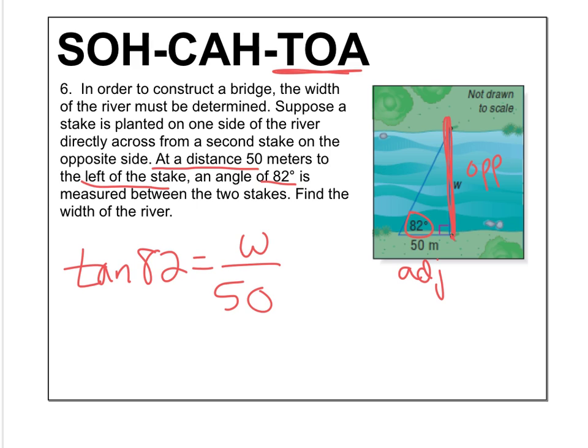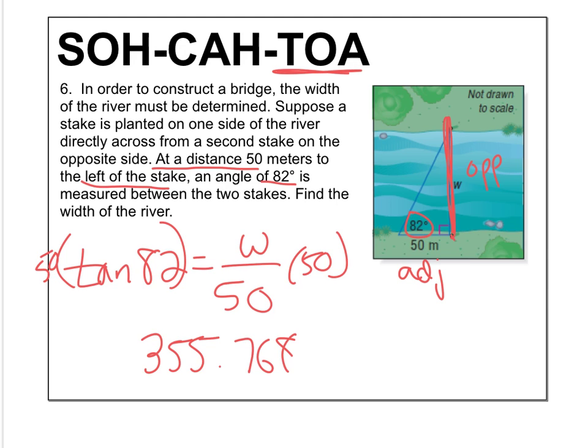Tangent of 82, put that in your calculator. Then multiply it by 50. Then I get 355.768. So it's going to be 355.768 meters across that river.